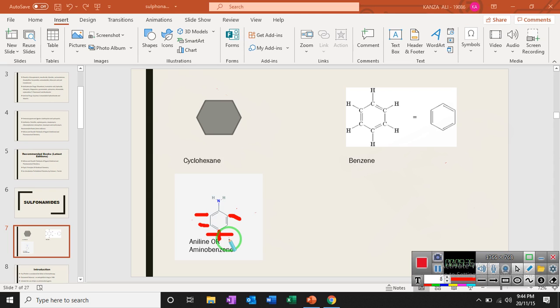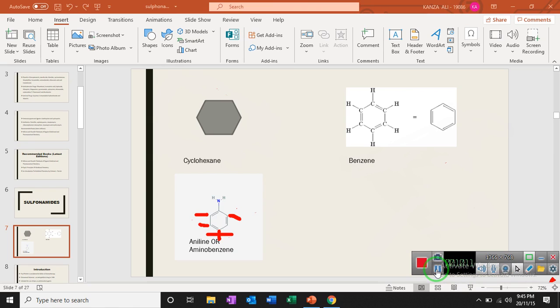Maybe we are not changing the functional group, maybe we are not changing anything, but just by changing the position, the biological activity of the molecule can be changed. One simple example is acetyl salicylic acid.